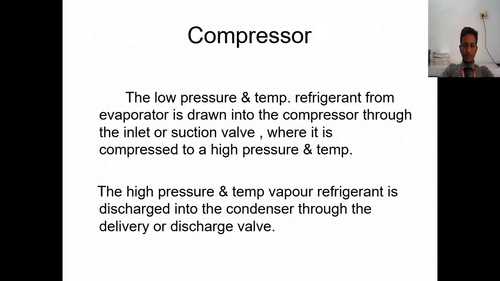This is the compressor. First, the low pressure and low temperature refrigerant from the evaporator is drawn into the compressor through the inlet or suction, where it is compressed to high pressure and temperature. The high pressure and temperature vapor refrigerant is discharged into the condenser through the delivery or discharge valve.